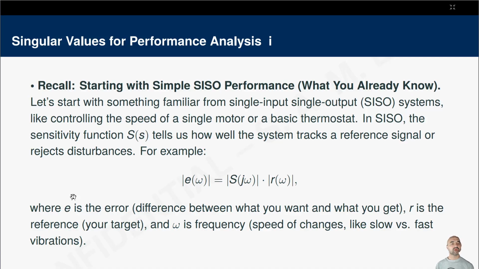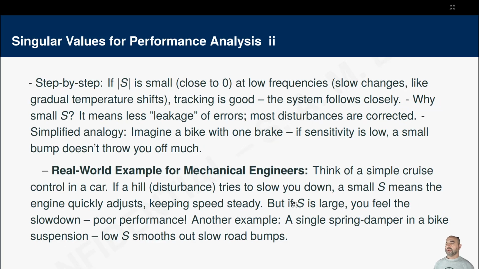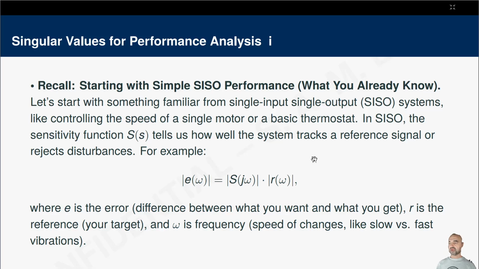Let's think about it this way. If S is small, let's say close to zero, at low frequencies, where we have slow changes like gradual temperature shifts, tracking is good.